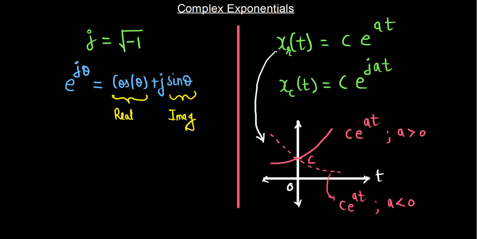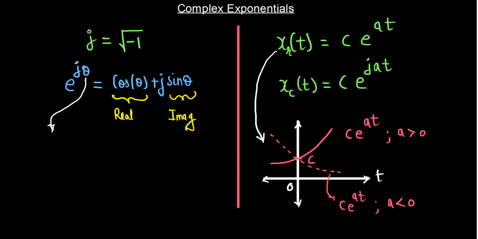Now let's look at these complex exponentials from a signals and systems point of view. As I said, we are going to look at complex exponentials where this theta is usually going to be the frequency and the time. We have already seen the sinusoids.